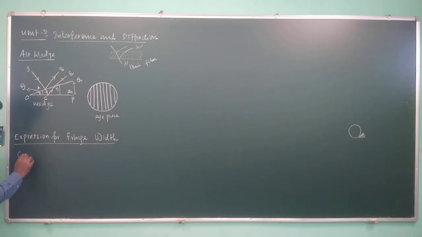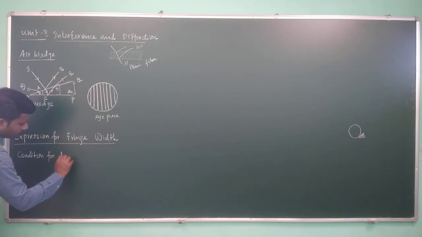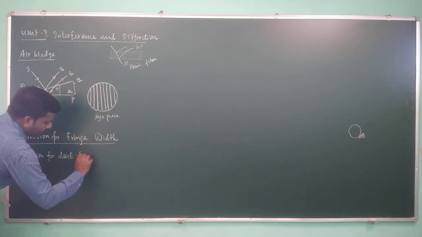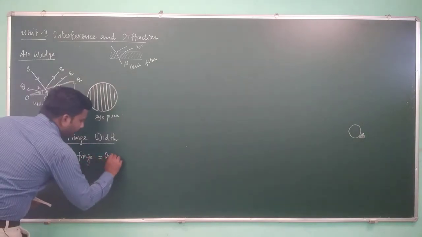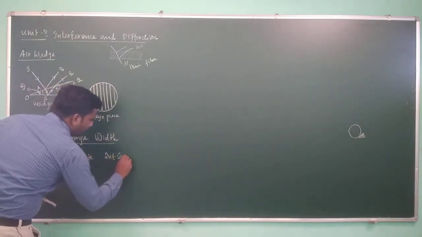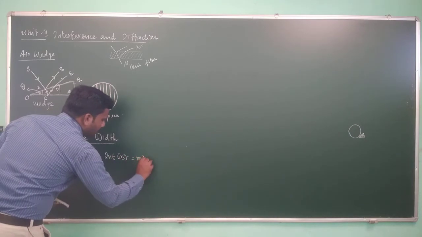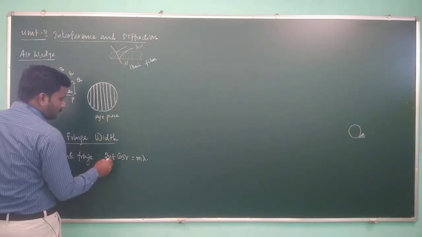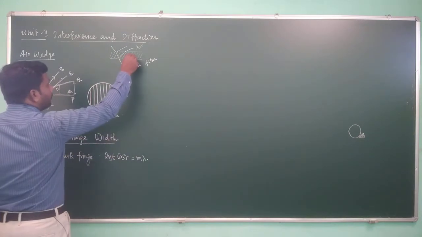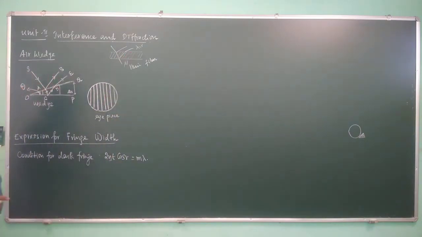So the condition for dark fringe is 2nt cos r equal to m lambda. See, in the thin film, this n will be the refractive index of the material with which the film is made.